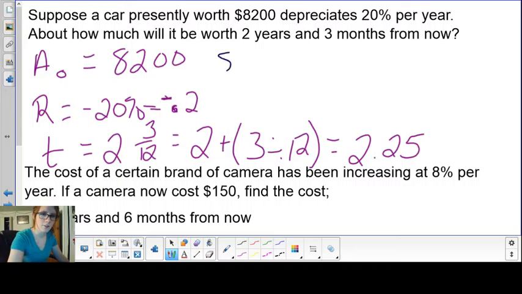So I have 8,200 times 1 minus the 0.2 to the 2.25.